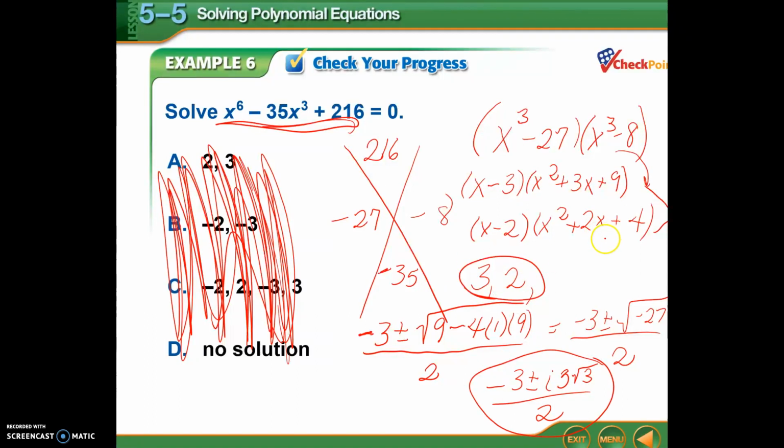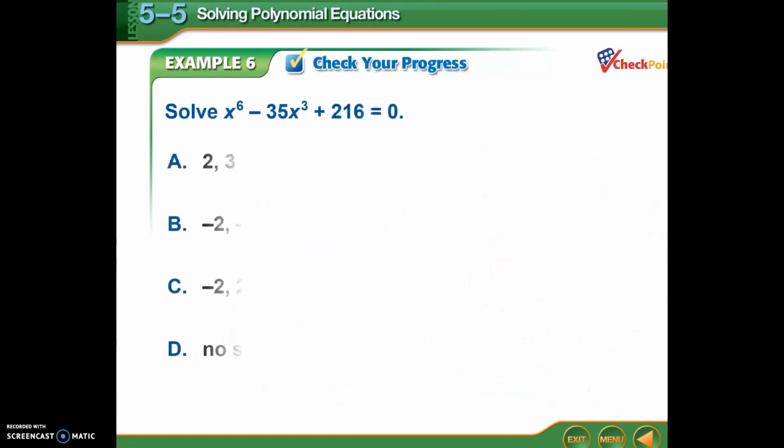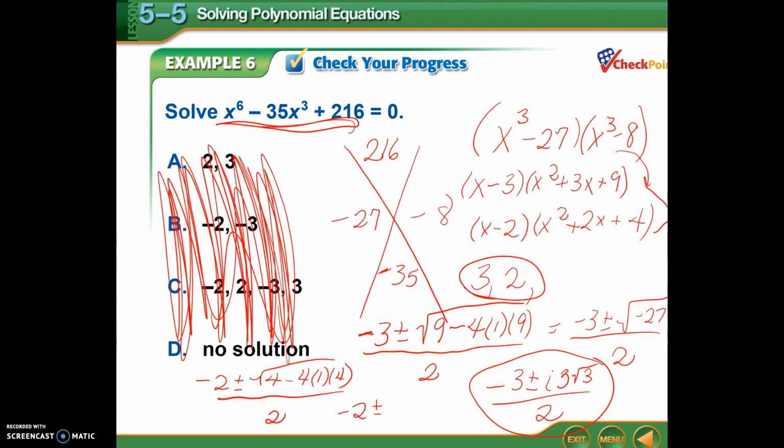And then we want to do the same thing with this x squared plus 2x plus 4. So it'd be negative 2 plus or minus square root of 4 minus 4 times 1 times 4 all over 2. So negative 2 plus or minus square root of 4 minus 16 is negative 12 over 2.